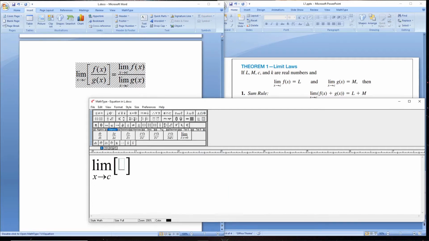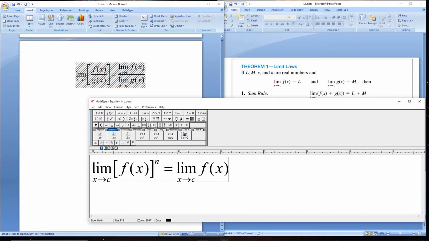And what I mean by that is, let's say we have a function and the whole function itself is raised to some power. Then what the property is saying is we can bring the limit into this parentheses then. And we can connect it right to the function.